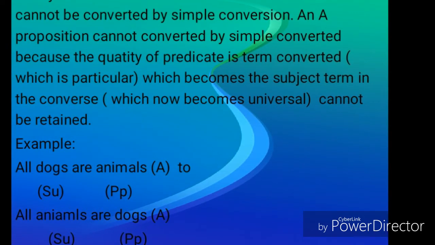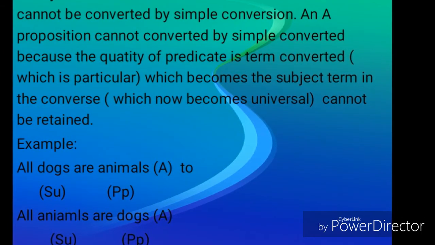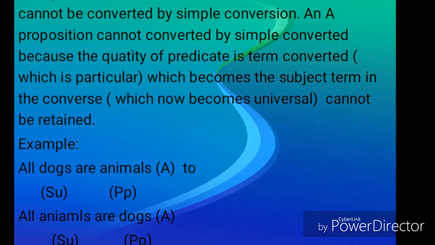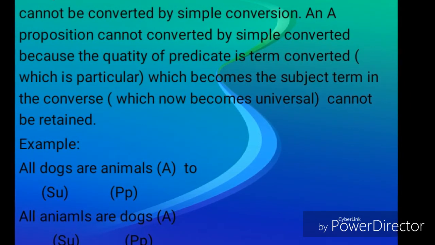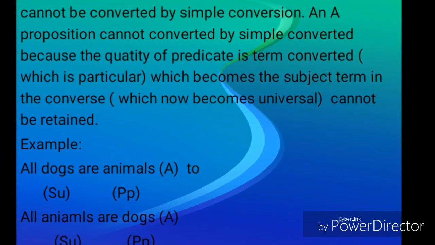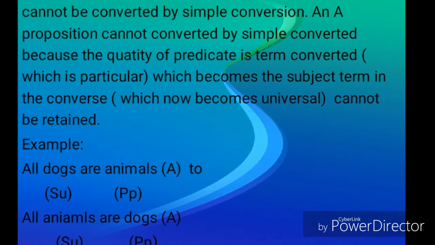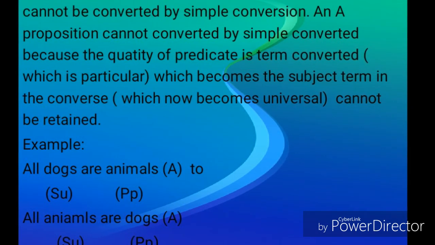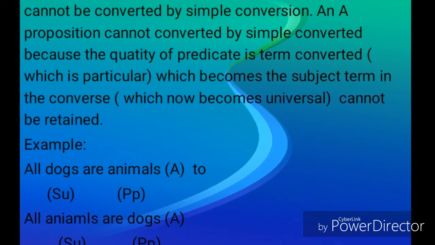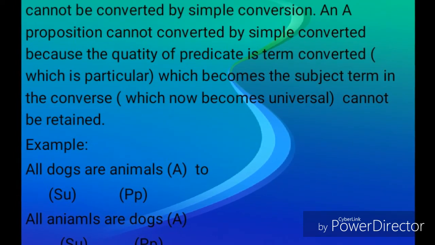When we say the predicate of the convertend is particular, it means only one person or a part is being referred to.